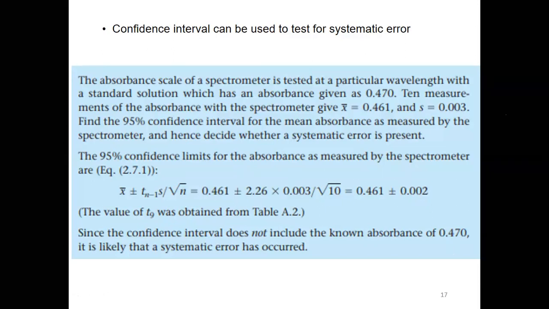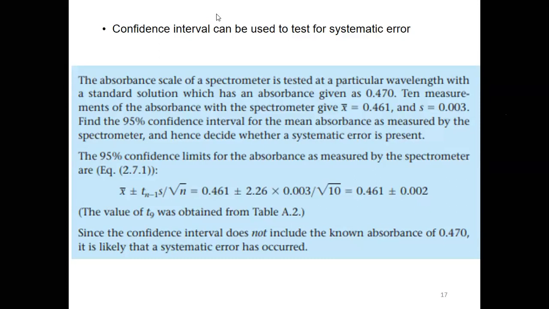So when we do the experiment with the instrument, the upper limit of the confidence interval is 0.463. It is lower than the known absorbance. Therefore, the correct value of 0.47 is not within the confidence range. I think you understand what I'm saying, right? The given value 0.47 is not within the confidence range.